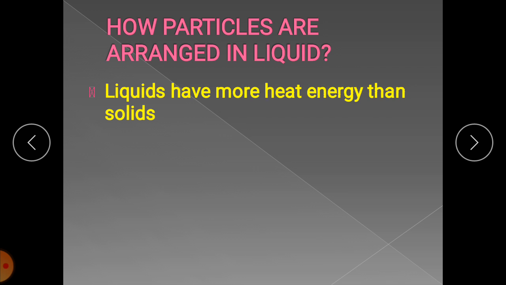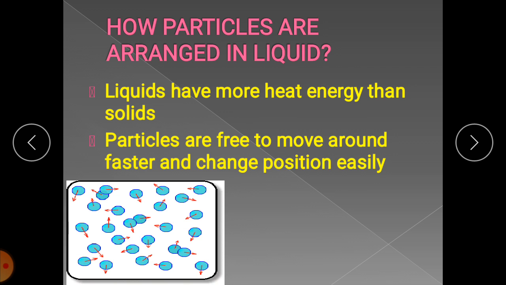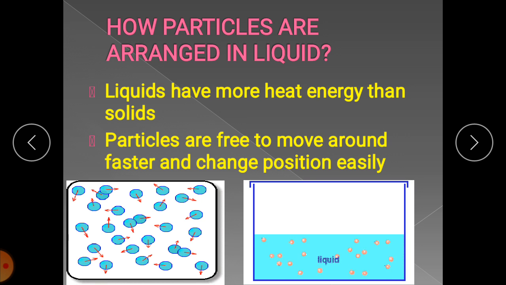Liquids have more heat energy than solids because there are spaces between them, and particles are free to move around faster and change position easily. Here you can see the arrangement of particles, and here you can observe the movement of particles in liquid.